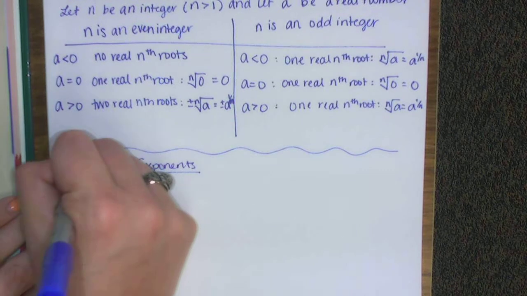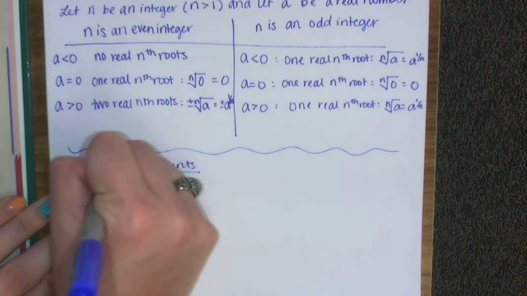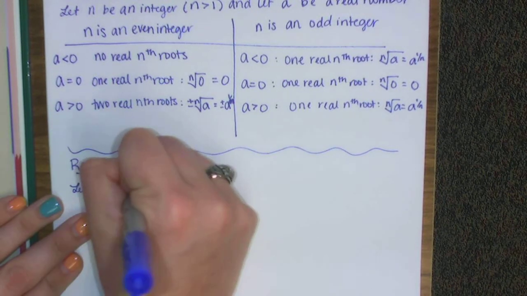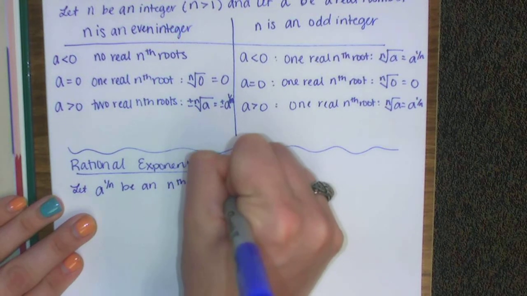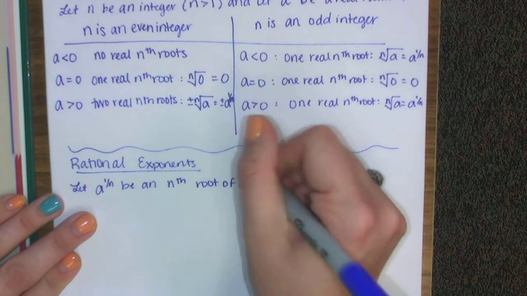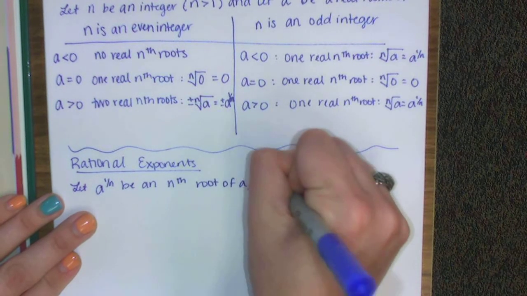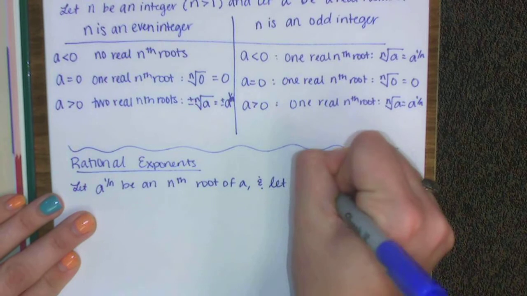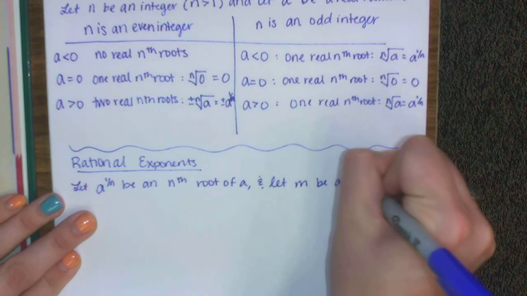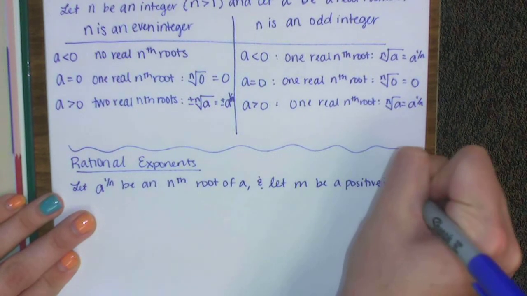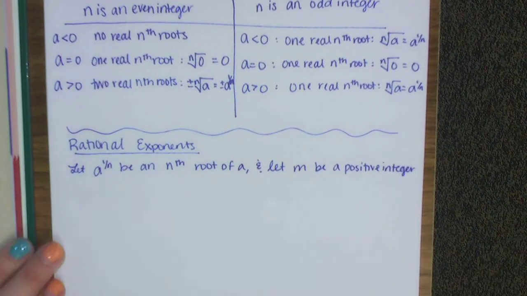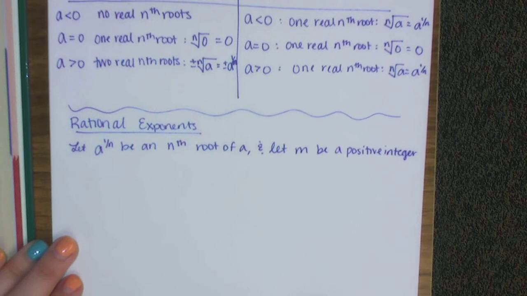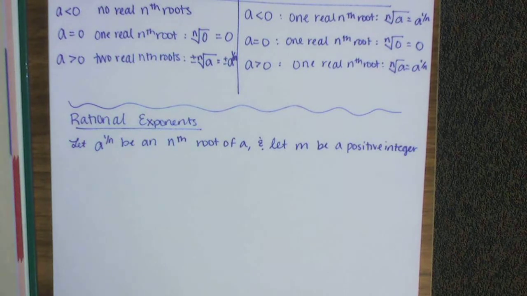So we're going to let A to the 1 over n be an nth root of A, and let m be a positive integer. I'm going to focus it real quick just to make sure that it's still good and readable for you guys.